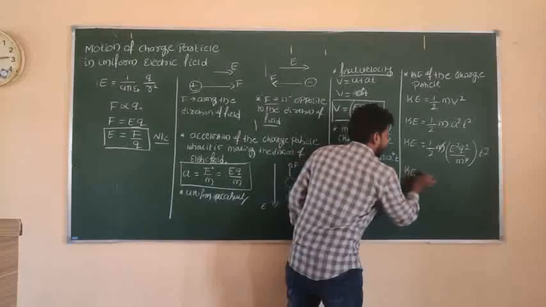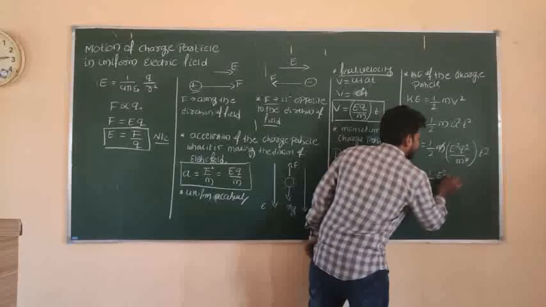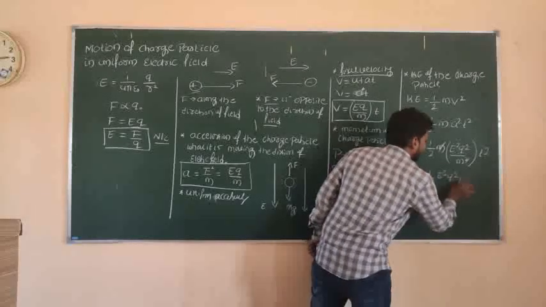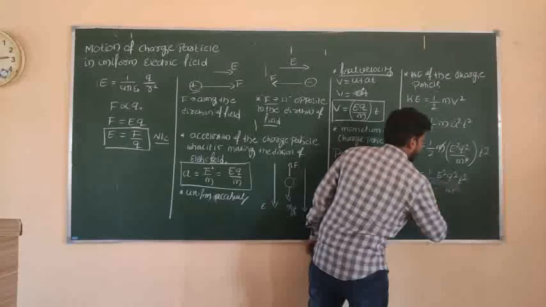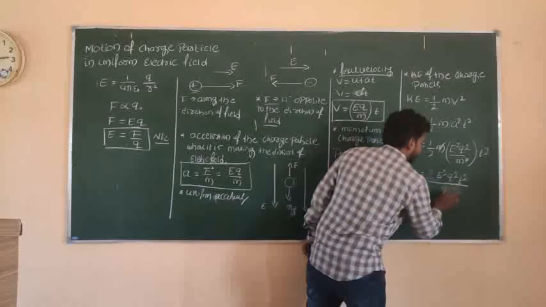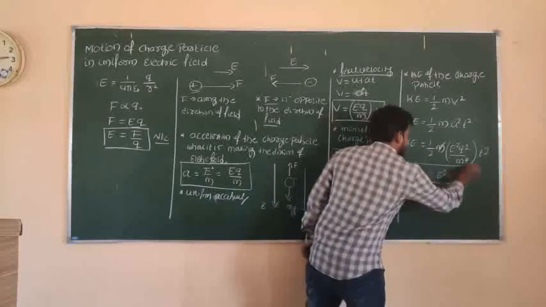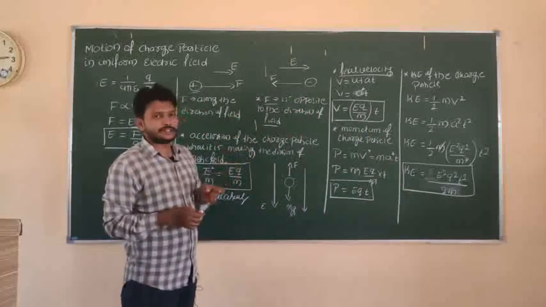So kinetic energy is equal to half of E square q square into t square by m, or I will rewrite that as E square q square t square divided by 2 times of m. So this is the required equation for kinetic energy of the charge particle.